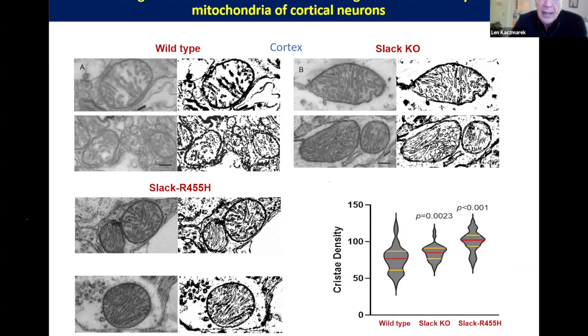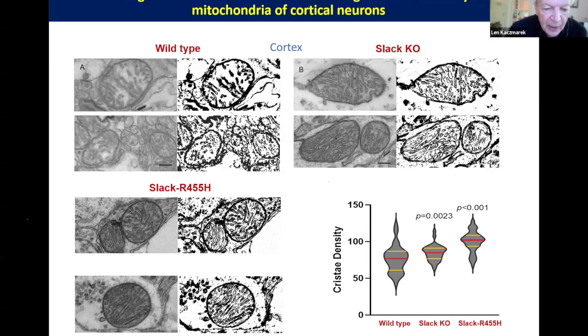So we have done EMs on the Slack knockout, the wild type, and the gain of function. We were prompted to do this by a proteomic study that we did in collaboration with Biogen. We found that in the knockout, as well as in the knock-in, there were major changes in proteins of the inner mitochondrial membrane.